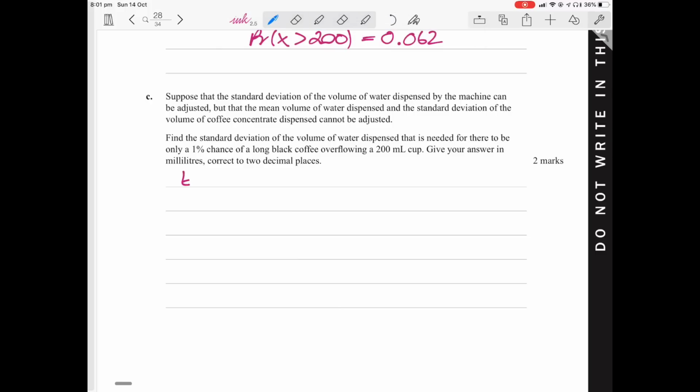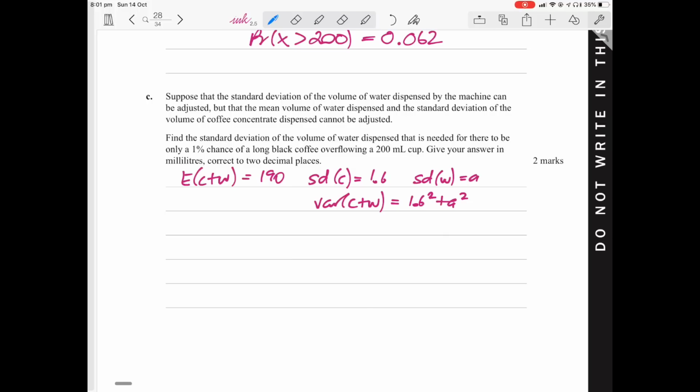Okay, so let's say the expected value of coffee plus water is 190 still, but our standard deviation of coffee has to stay the same, doesn't it? Standard deviation of the volume of coffee is 1.6. The standard deviation of water, let's call that A. We know the variance of coffee plus water is equal to 1.6 squared plus A squared.